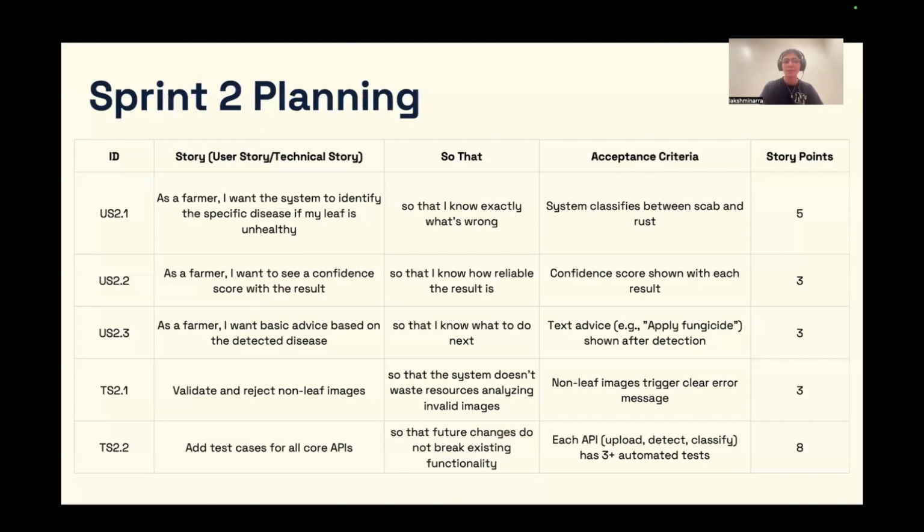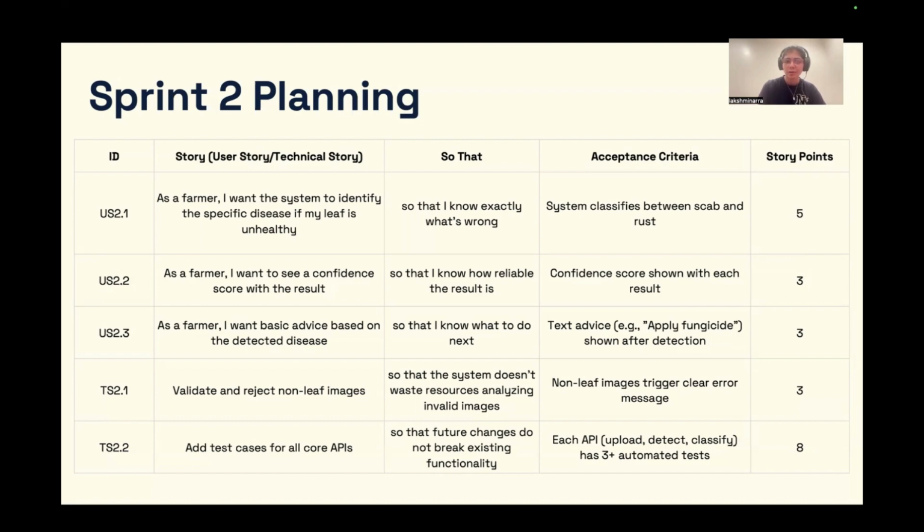Sprint 2 planning. Basically, the focus shifts to enhancing disease detection and reliability. First, as a farmer, specific disease identification under ID US 2.1 detects the exact disease type, for example scab and rust. The confidence score under ID US 2.2 displays result reliability.